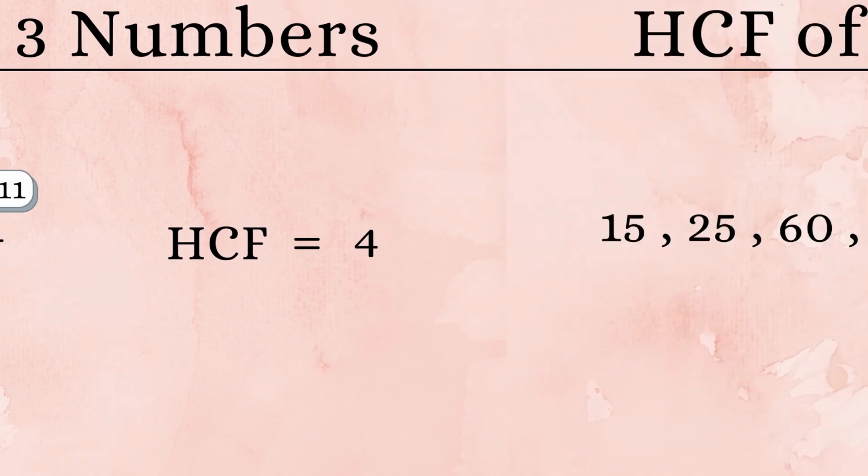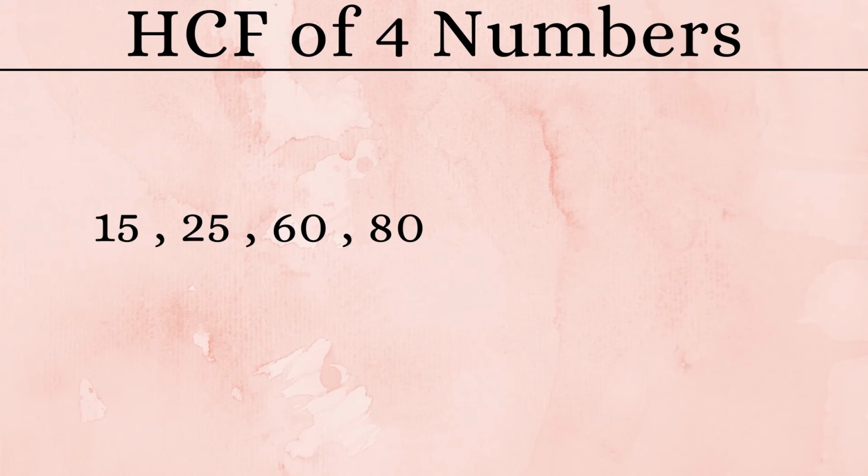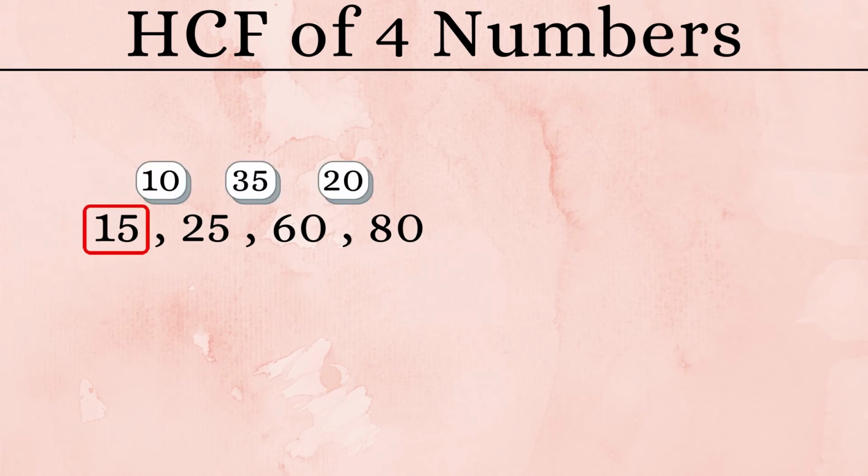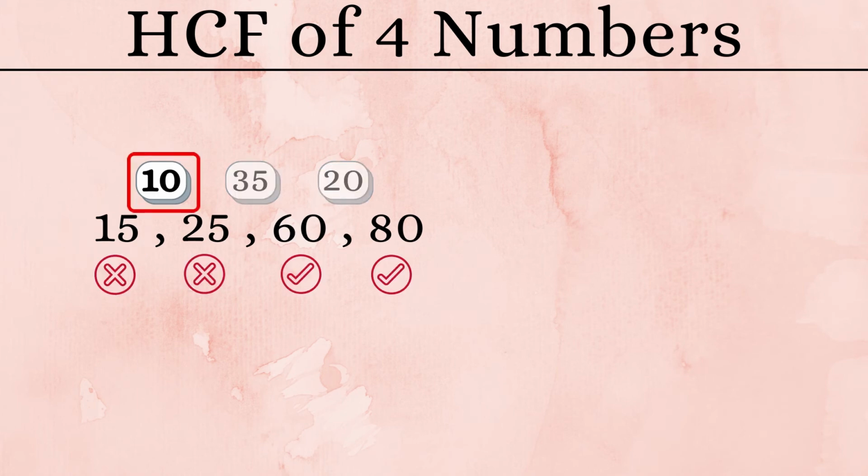Now let's find out the HCF of 4 numbers: 15, 25, 60 and 80. The smallest of them all is 15 and the differences are 10, 35 and 20. So we'll start considering 10. Here, though 60 and 80 are multiples of 10, 15 and 25 are not.